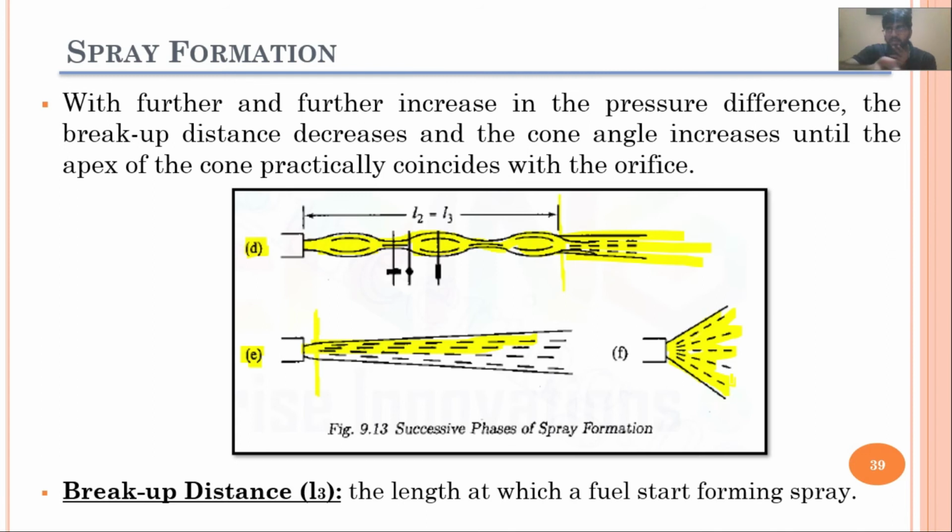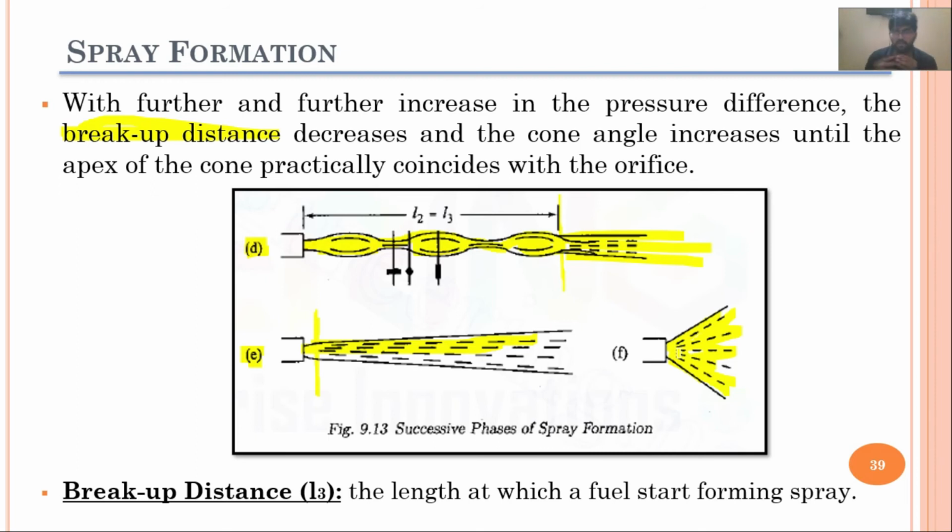You can see that the water is being sprayed. So this is how the spray formation is occurring. With further and further increase in pressure difference, the breakup distance decreases and the cone angle starts increasing until the apex of the cone practically coincides with the orifice, and further increasing the pressure will obviously increase the angle of the spray as well.